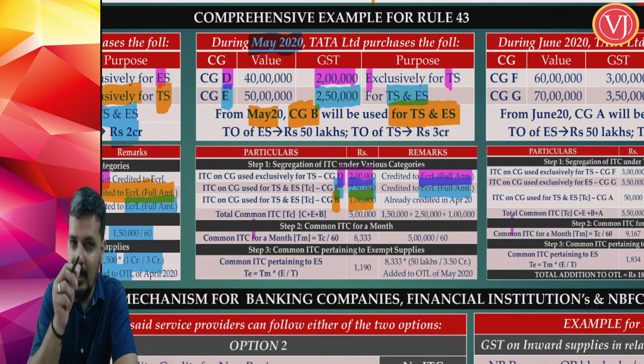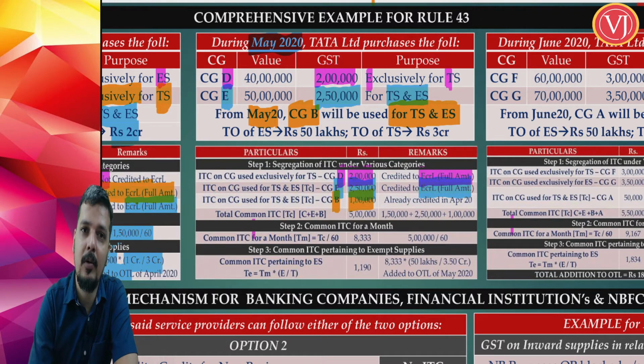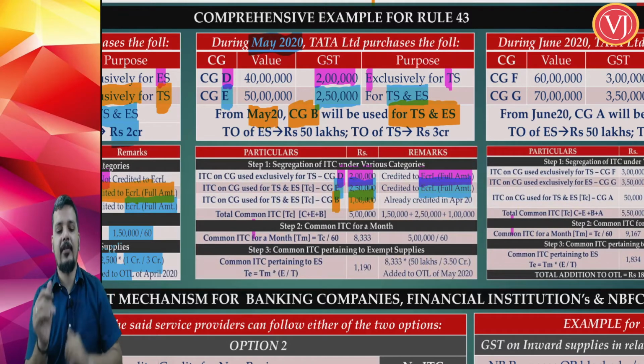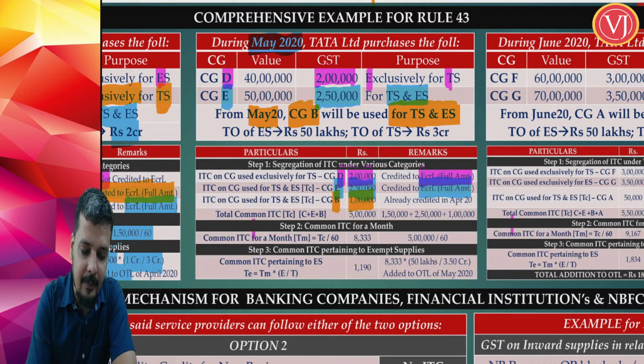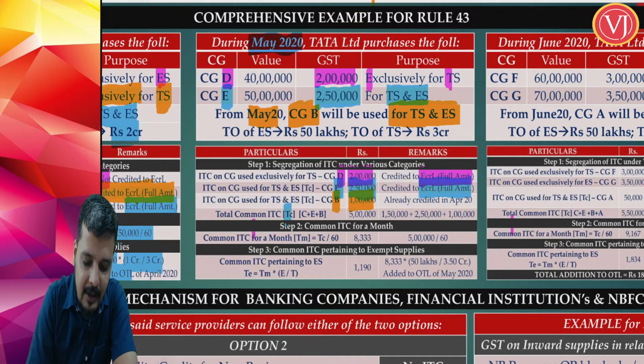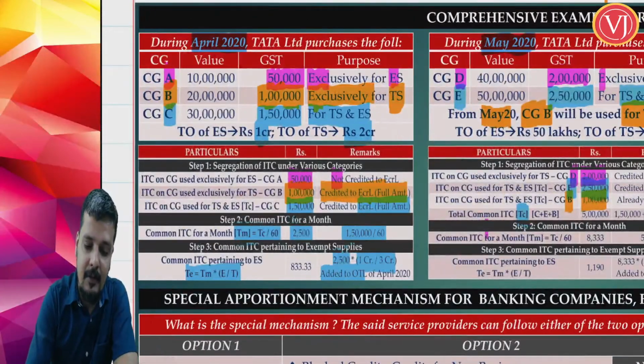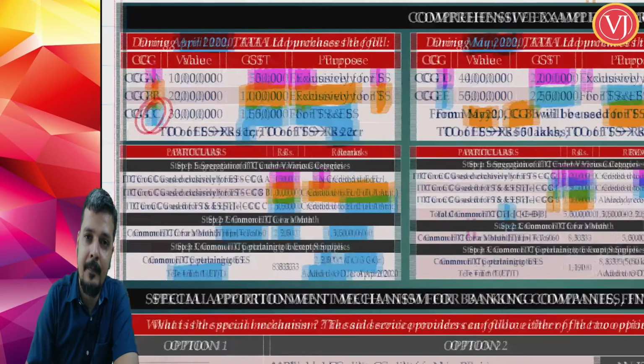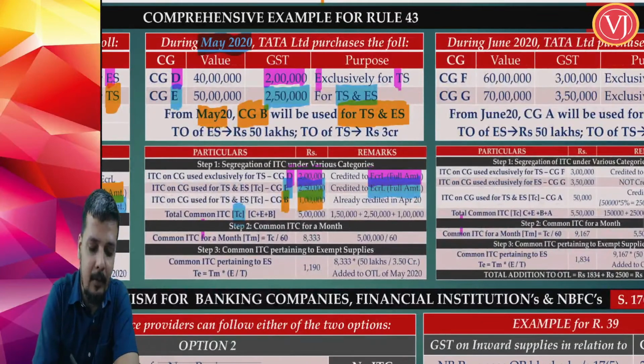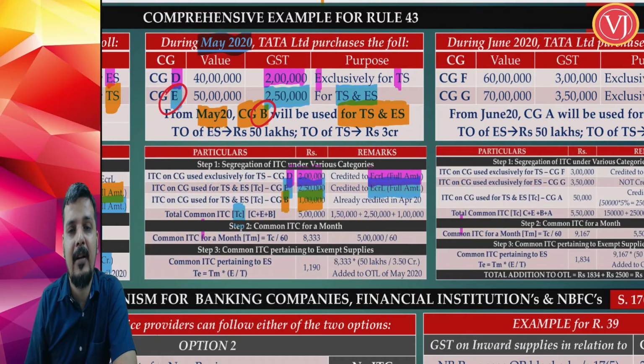Right. Now, what is the total common credit, TC? Common capital goods credit. What are all the capital goods which are now common, now used for both taxable and exempt purposes? One is capital goods C, April month. One is capital goods E. Other is capital goods B, which was earlier for taxable but now for both taxable and exempt.